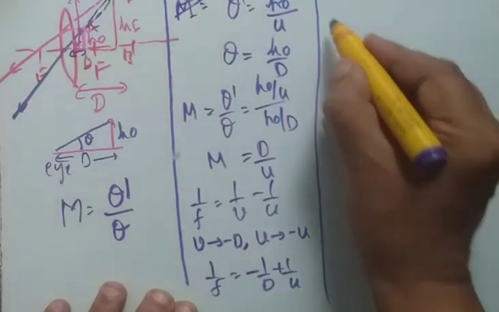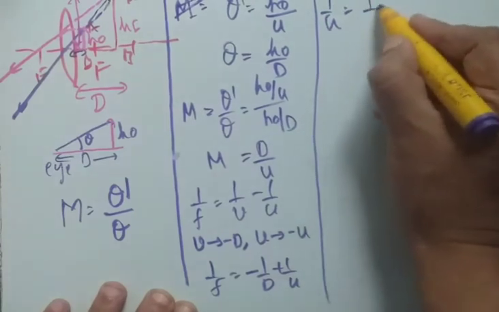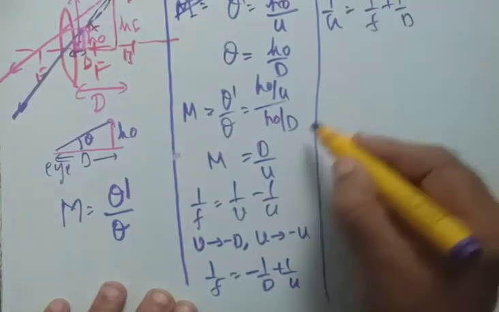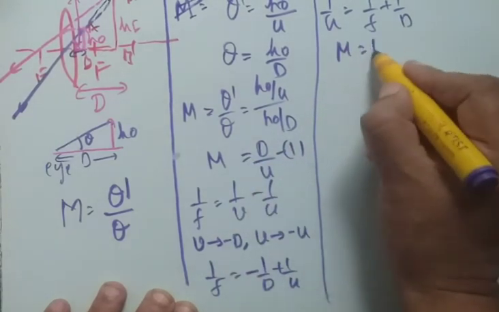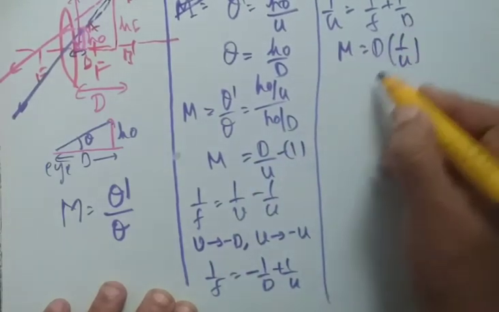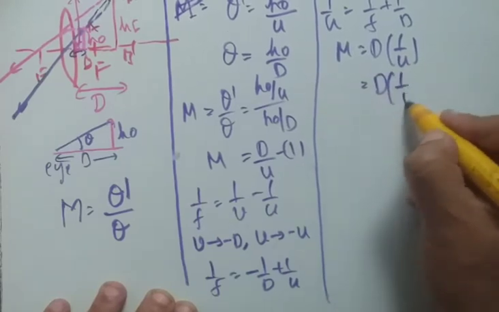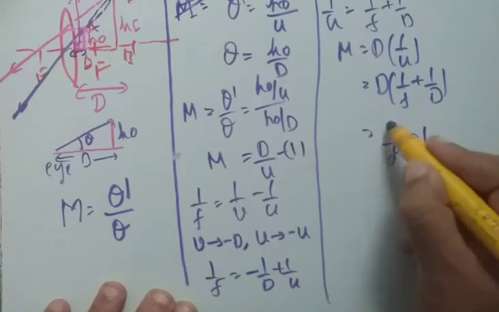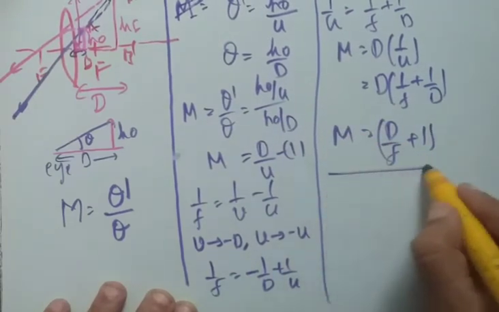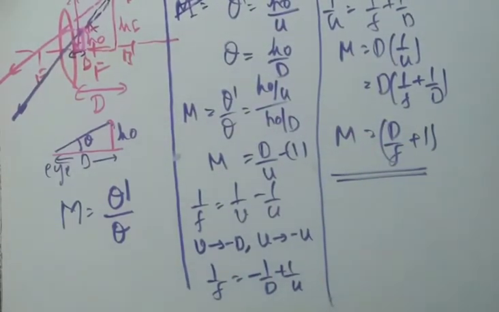Therefore I can write 1 by u as 1 by f plus 1 by d, but from equation 1 I can write m as d into 1 by u. Substituting for this, 1 by f plus 1 by d. So d by f plus 1 is the magnifying power for simple microscope when final image is formed at least distance of distinct vision.